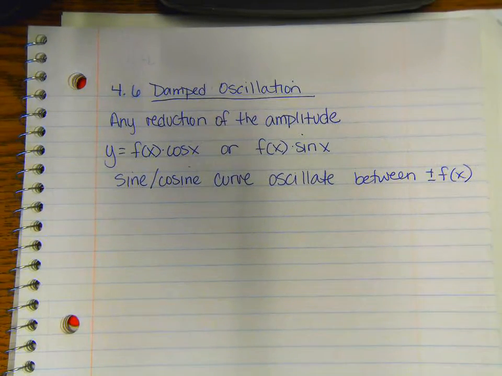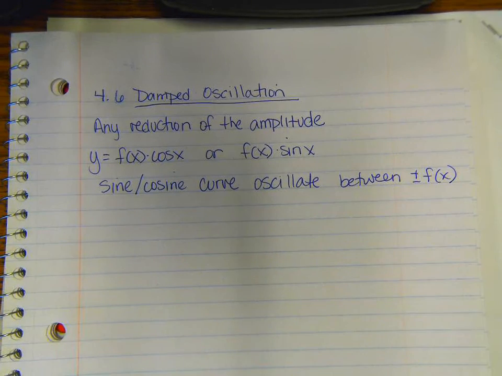What we've seen so far is plus or minus f of x are horizontal lines. Isn't y equals 4 and y equals negative 4 a horizontal line?